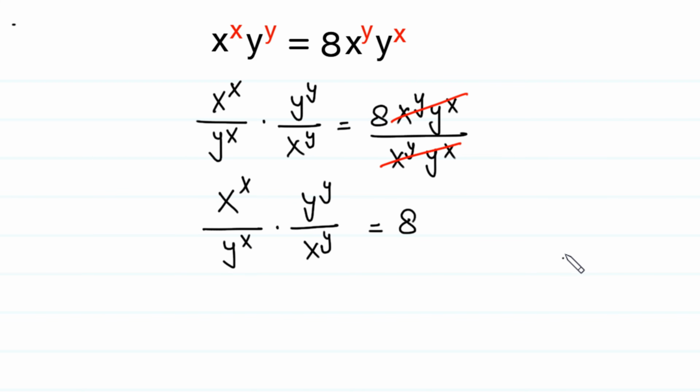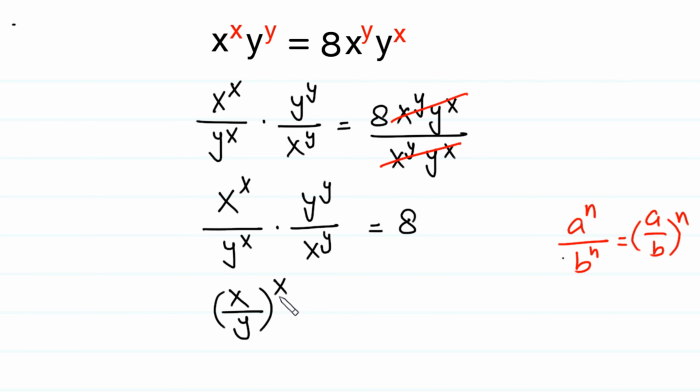Next, according to the law of exponents, a to the power n over b to the power n is equal to a over b to the whole power n. We can write this x to the power x over y to the power x as x over y to the whole power x, and this y to the power y over x to the power y as y over x to the whole power y, is equal to 8.